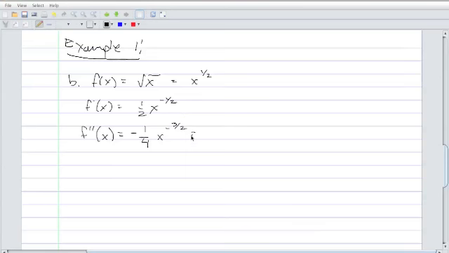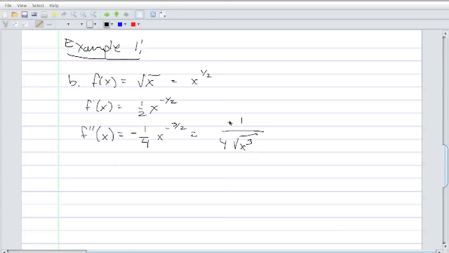Now this, if you write it without a negative exponent, is the same as negative 1 divided by 4 times the square root of x cubed. Since the 2 is in the denominator, it tells you it's the square root. And so for any positive x you choose in here, this denominator is going to be positive, the numerator is going to be negative.